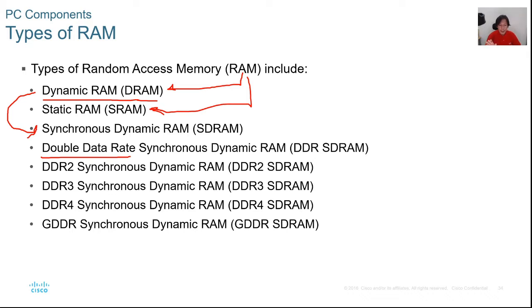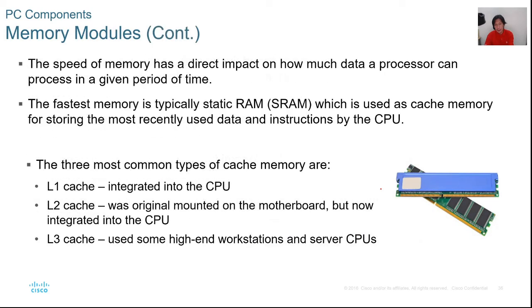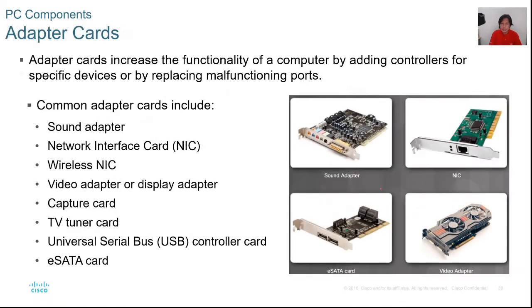That RAM in the graphics card is known as the graphics DDR. It is also used in the dedicated GPU, or graphics processor unit. Those are the different types of memory module. We discussed it already a while ago.